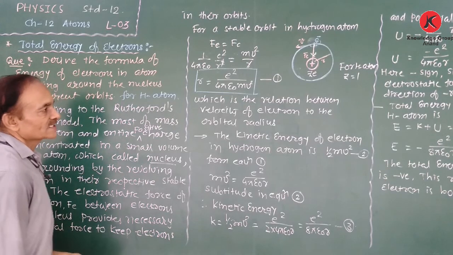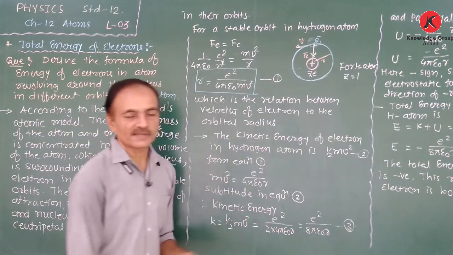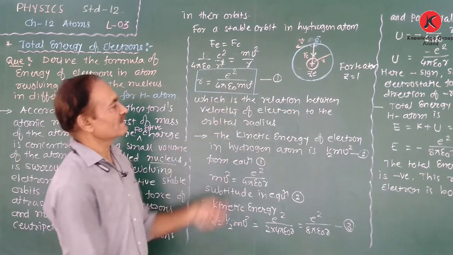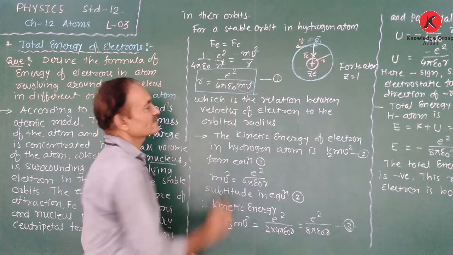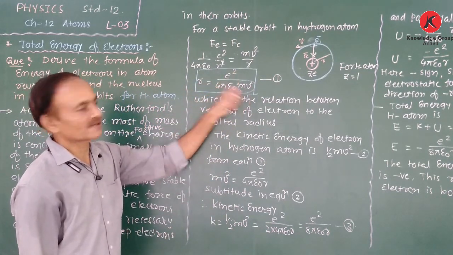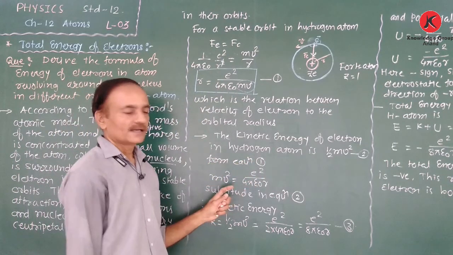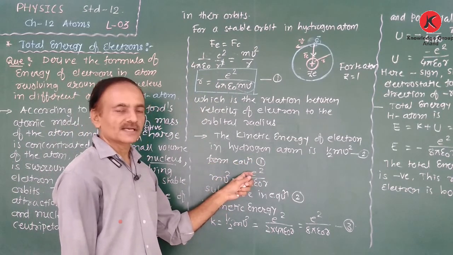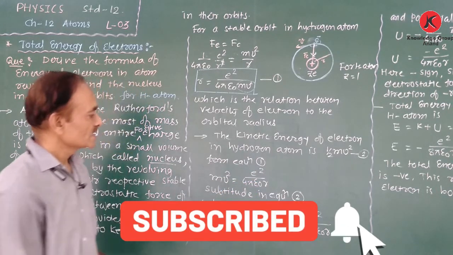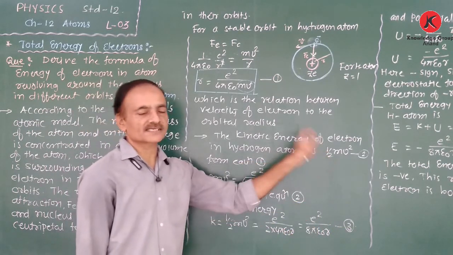Now, next is the kinetic energy of the electron in the hydrogen atom, which is half mv square. From this equation, what is the value of mv square? mv square is equal to e square upon 4 pi epsilon 0 r. So from equation 1, mv square is equal to e square upon 4 pi epsilon 0 r. Substitute this value of mv square in equation 2.